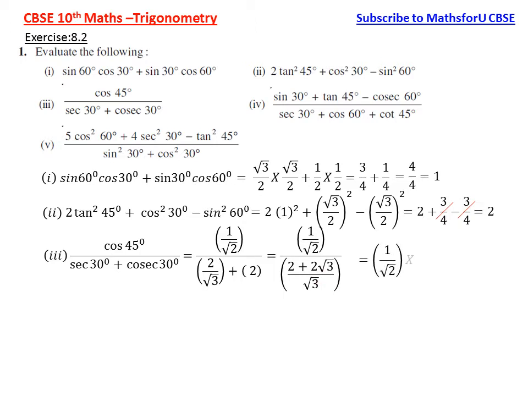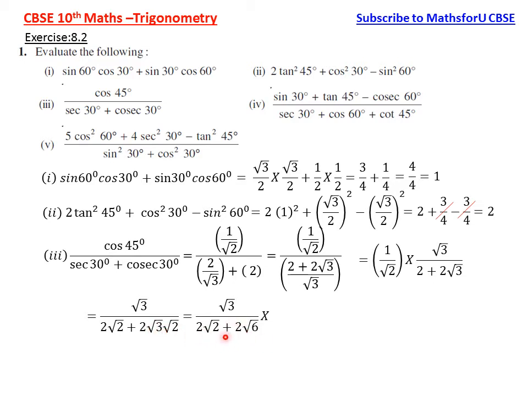So 1 by root 2 into root 3 by 2 plus 2 root 3. So this will be root 3 by 2 root 2 plus root 3 into root 2. We are taking root 2 inside and multiplying these two terms. So we get root 3 by 2 root 2 plus 2 root 6. That is root 3 into root 3 will be 3, root 3 into root 2 will be root 6.